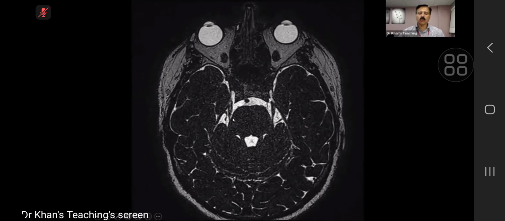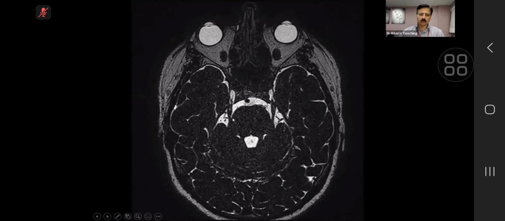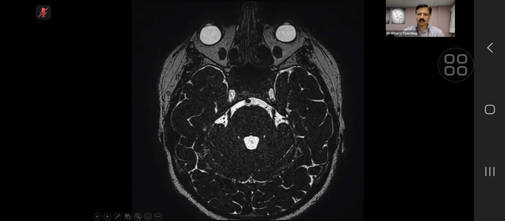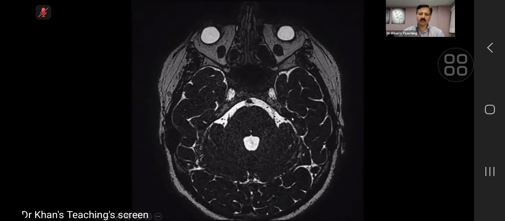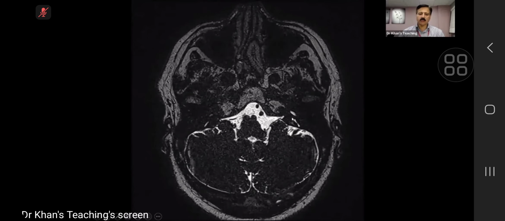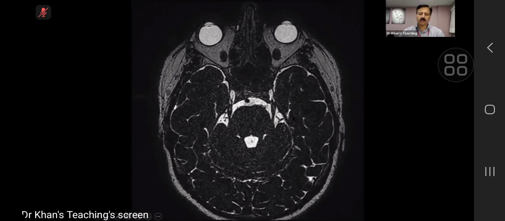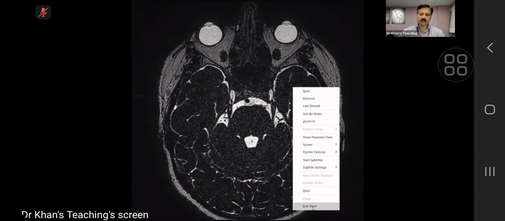That is beyond the exam, so I'm not going to teach you. Nobody is going to ask you. But if there is a tumor here, you should understand that the fifth nerve is here and this is the Meckel's cave. So this is the anatomy on axial which you have to know for your exam.